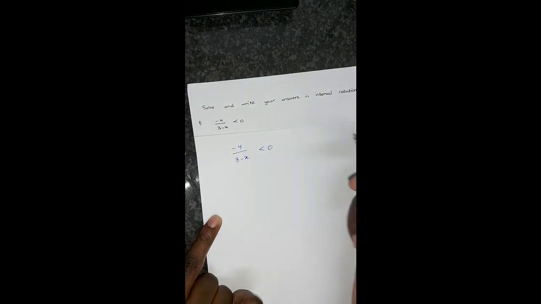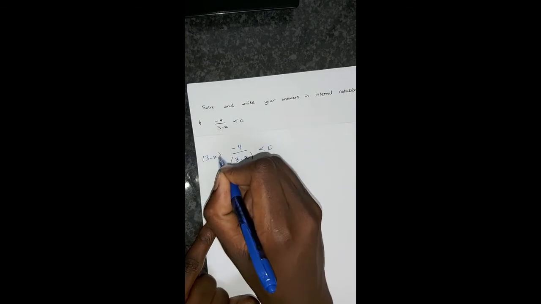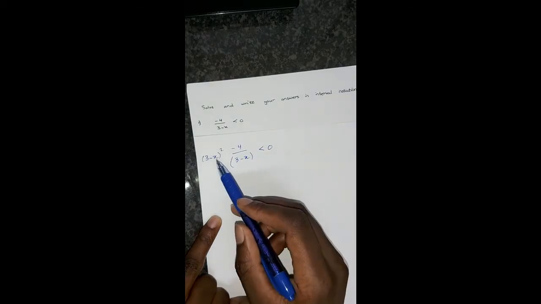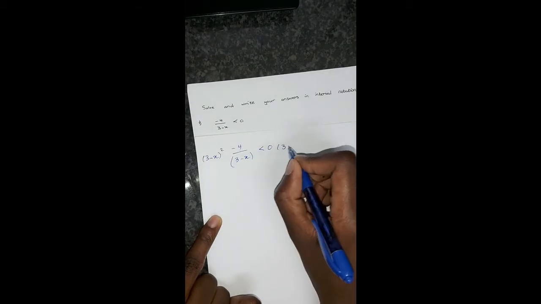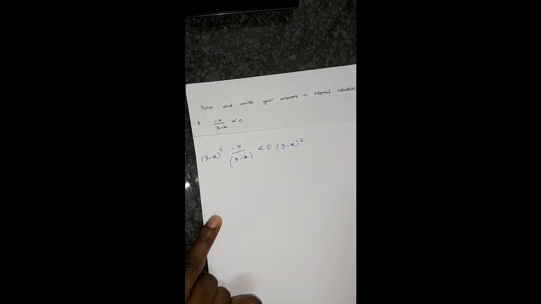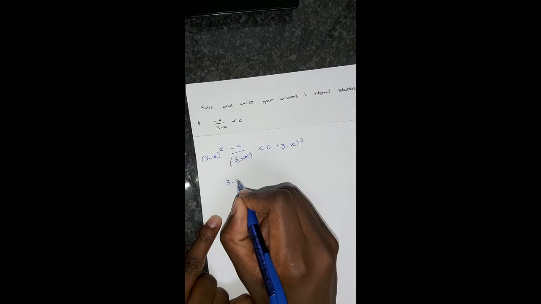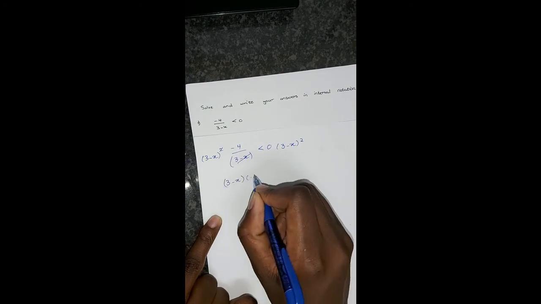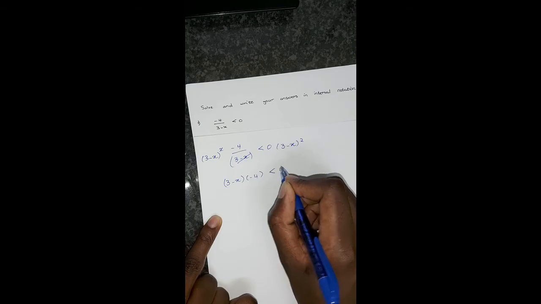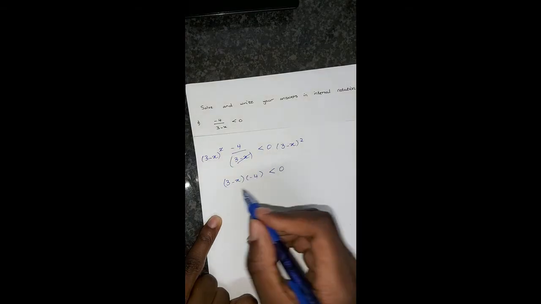sign. So to avoid that, what you're just going to do is multiply throughout by the square of that, because the square of that is always positive. Anything squared will be positive. So that will cancel that square, and then you have 3 minus x multiplied by -4 being less than 0, because it's 0 times a value which will always be 0.